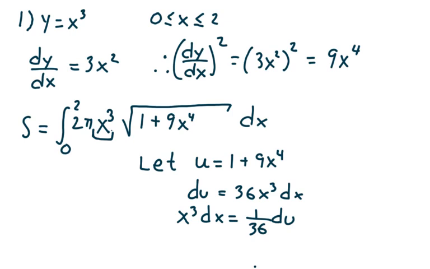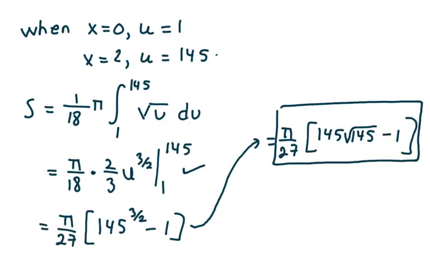So we're going to solve this integral by u substitution. I'm going to let u equal 1 plus 9x to the fourth. du is 36x cubed dx, and then x cubed dx is 1/36 du. Plugging in, when x is 0, u is 1. When x is 2, u is 145.